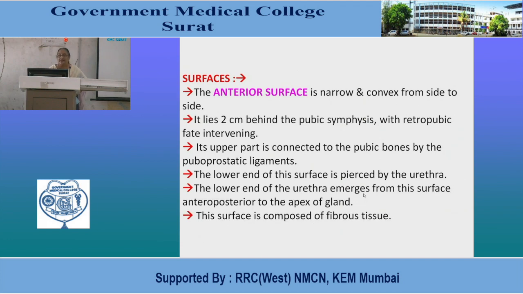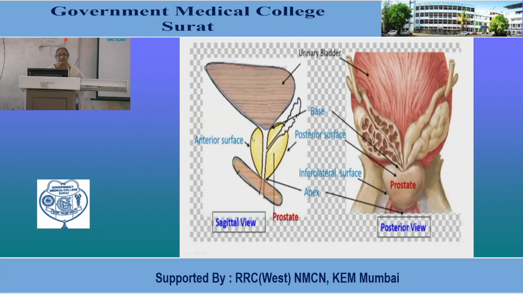Now here the diagram showing the different surfaces. This is the anterior, this whole is the prostate gland. This is the urinary bladder. You can see this is the anterior surface. Both of these two are the posterior surfaces. This is the urogenital diaphragm on which the apex of the prostate gland rests, on the upper surface of the urogenital diaphragm.